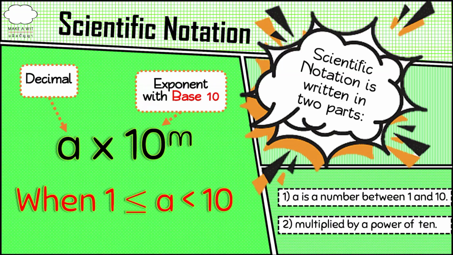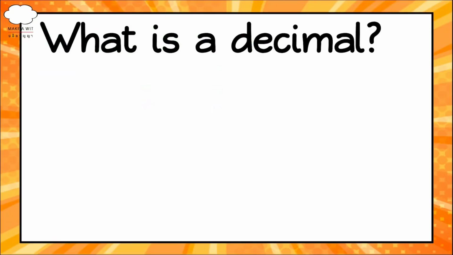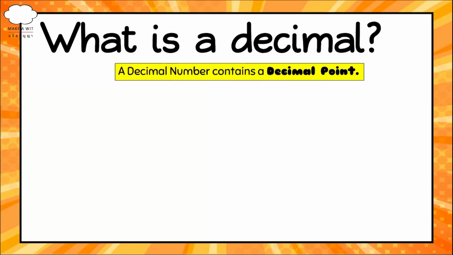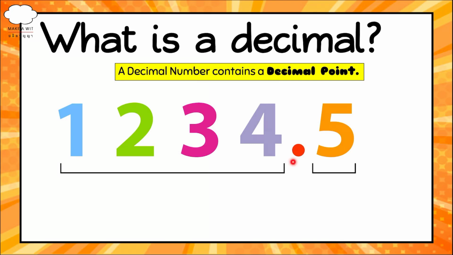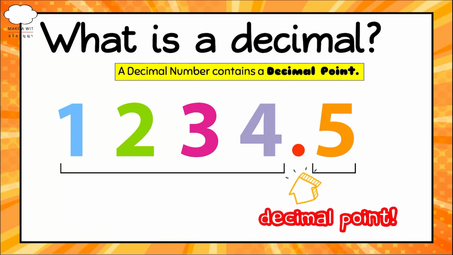All right, now let's see. What is a decimal? Do you remember? Decimal is a number that has a decimal point, or a decimal number contains a decimal point, like so. Here, point. See, decimal point is called decimal.